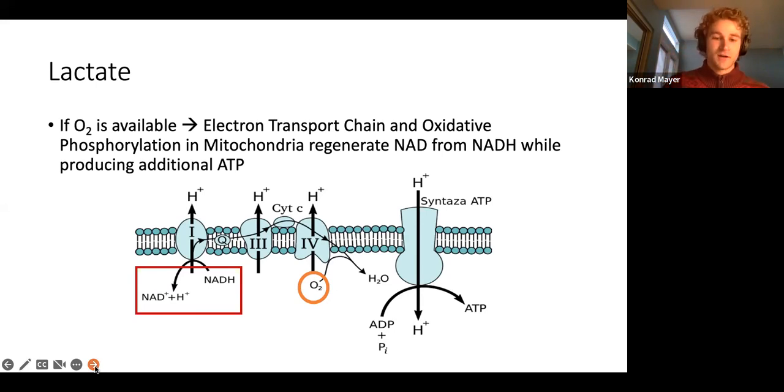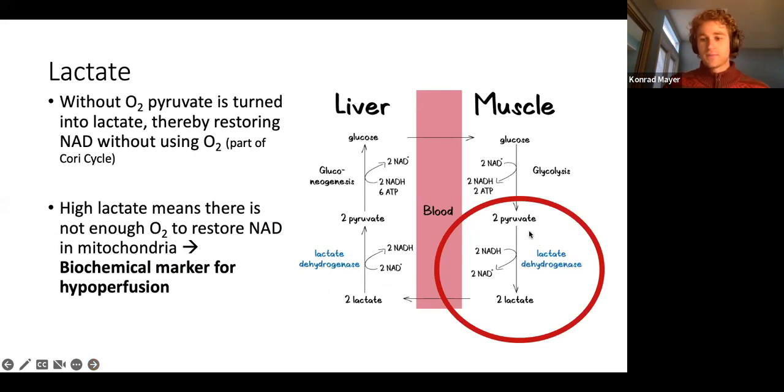But if we do not have oxygen, the pyruvate, which is the endpoint of glycolysis, goes into lactate. And this step does not require oxygen. And here we regenerate the NADH to NAD, which we needed for glycolysis. This is what happens when we do not have oxygen.